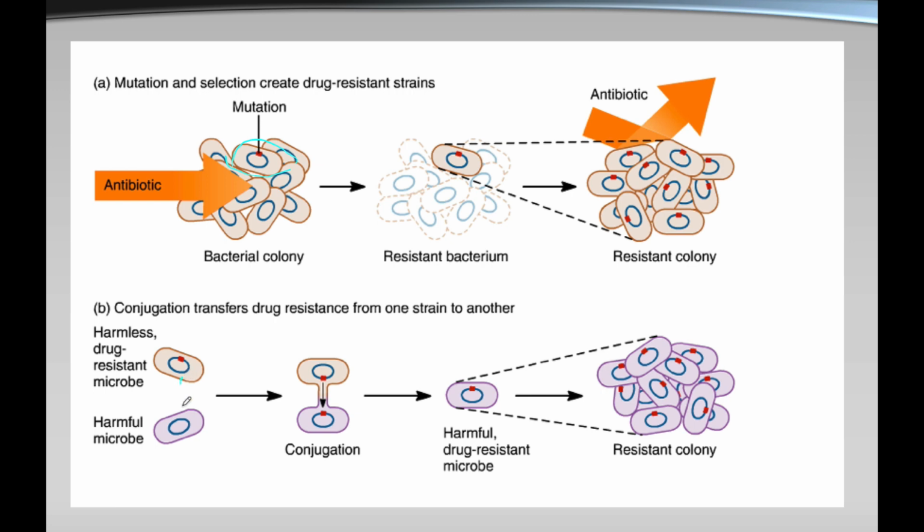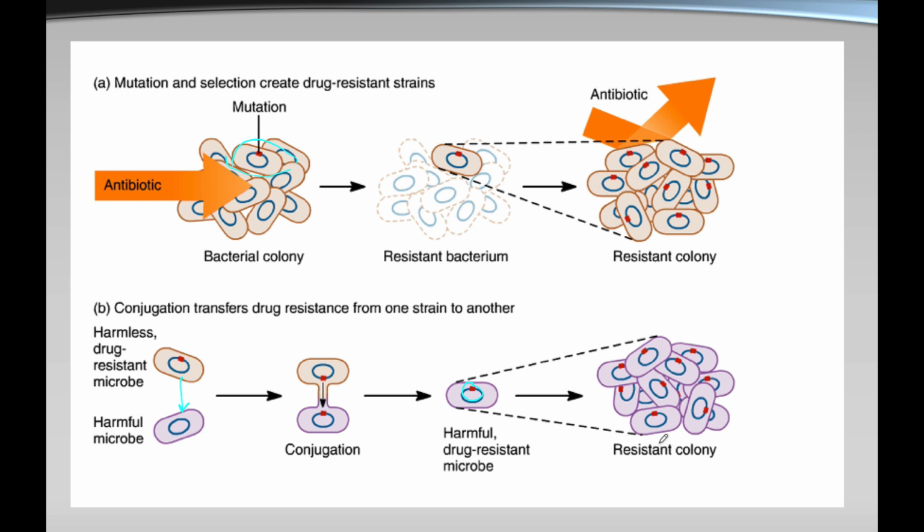And if it sends it over here, not only is this particular microbe harmful, but now it's harmful and it's going to resist the antibiotic that normally kills it. So each one of its progeny now carries that antibiotic resistance gene, and it will just keep on doubling and doubling and doubling over time. And again, you have a new strain of bacteria that is also resistant to that original antibiotic, just due to some genetic recombination.